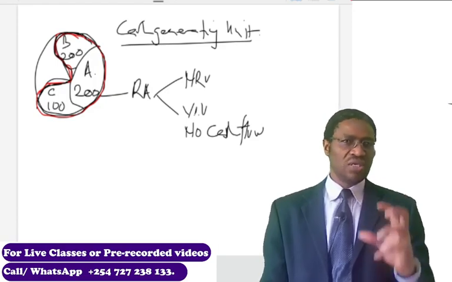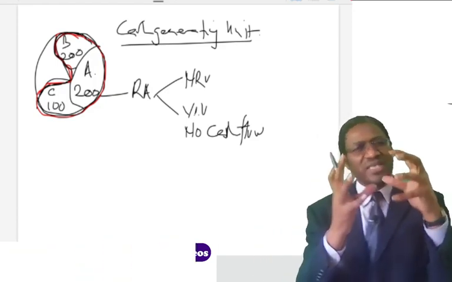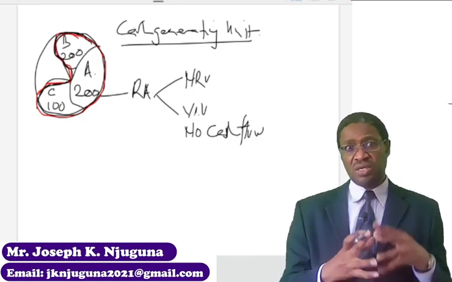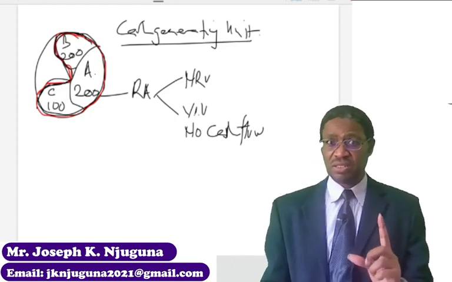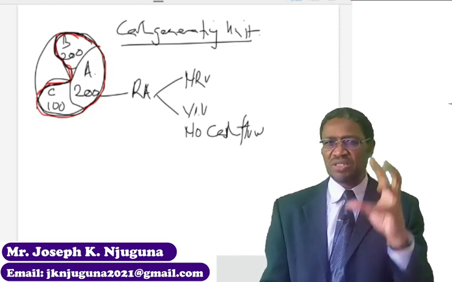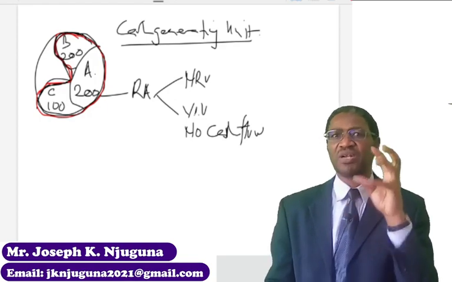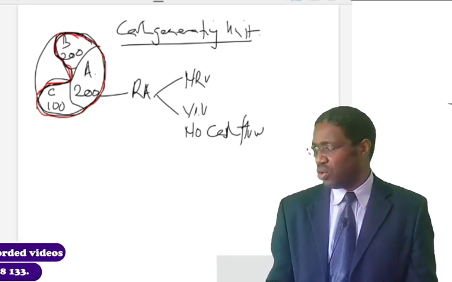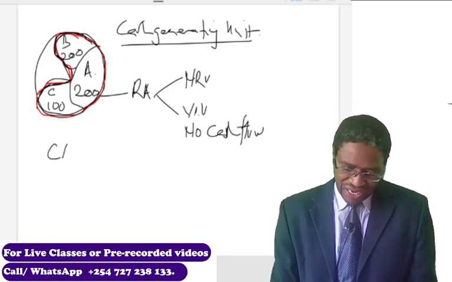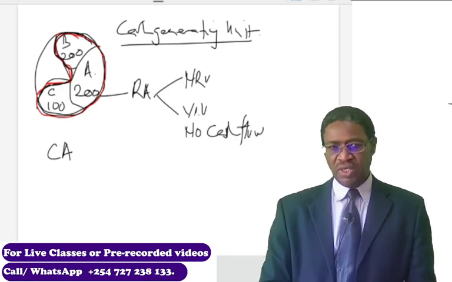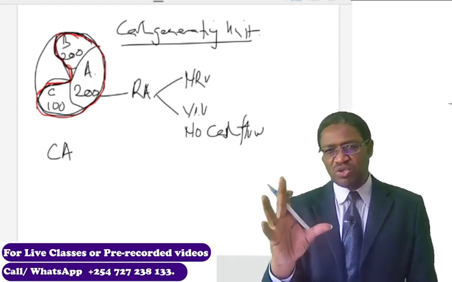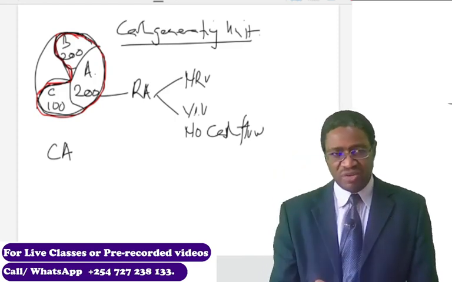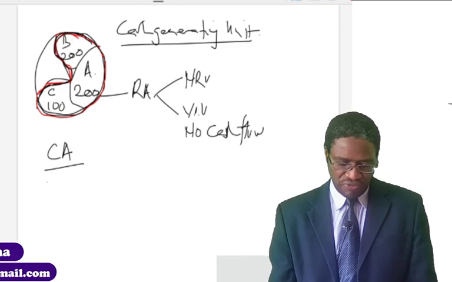And so, having identified a cash generating unit which now has 3 assets, to know whether your unit has suffered an impairment loss or not, you compute the carrying amount of your unit. Your unit now has a carrying amount of how much? 200 for asset A, 200 for B, and 100 for C. Now it has a carrying amount of 500 million.